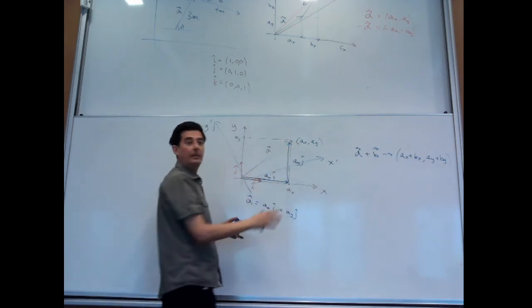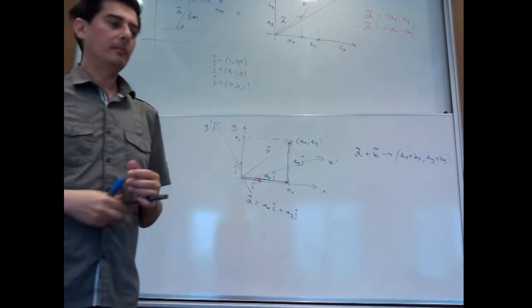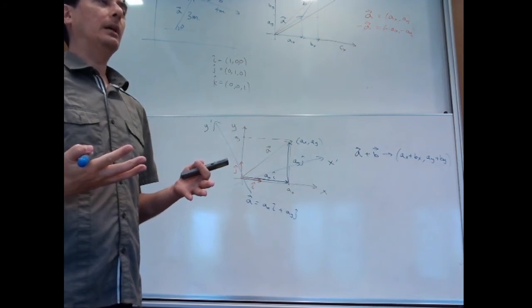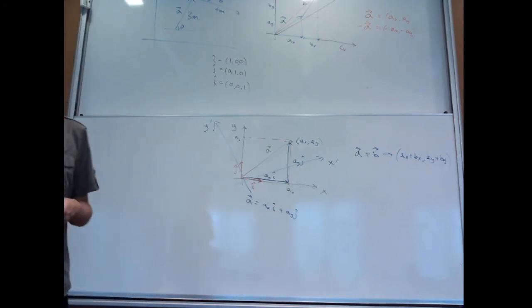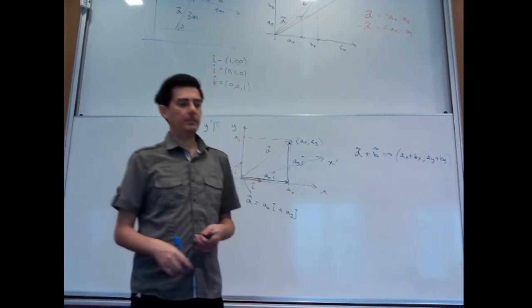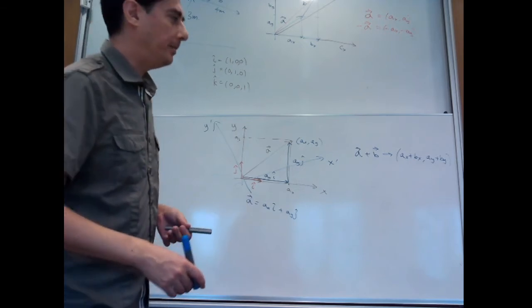I'm not going to get the same numbers. And from a physics point of view, this has a lot of relevance, because this comes up a lot in pretty much anything that you do.